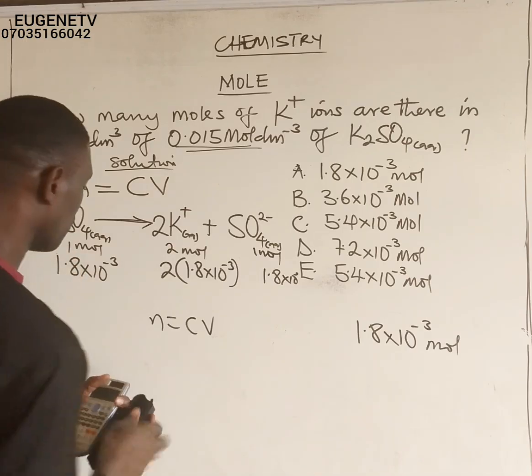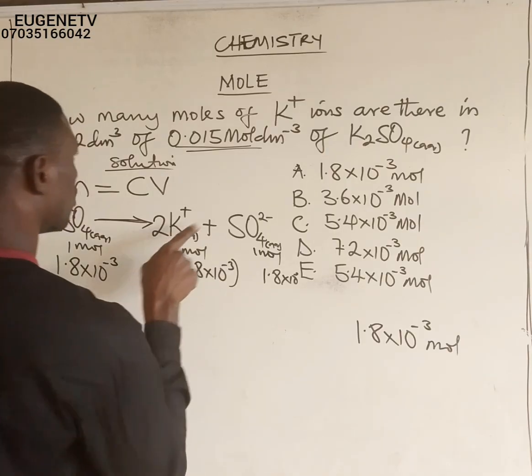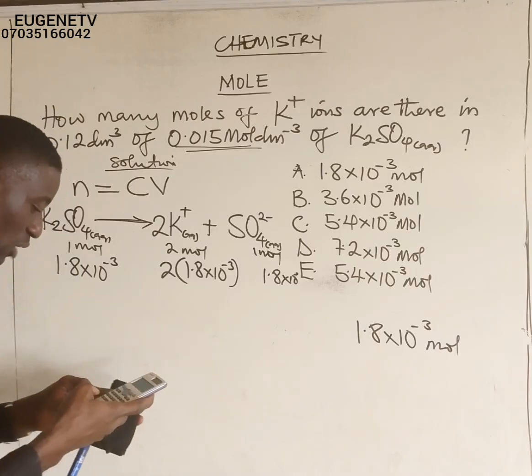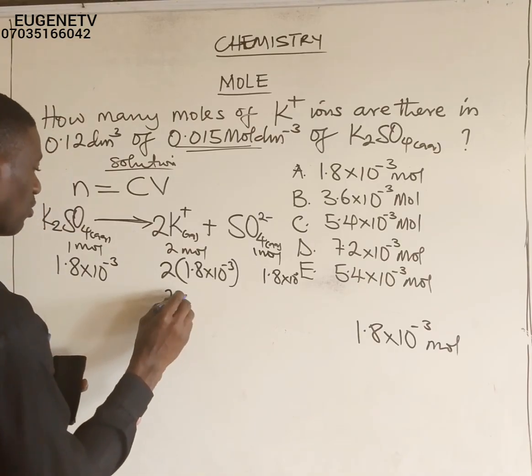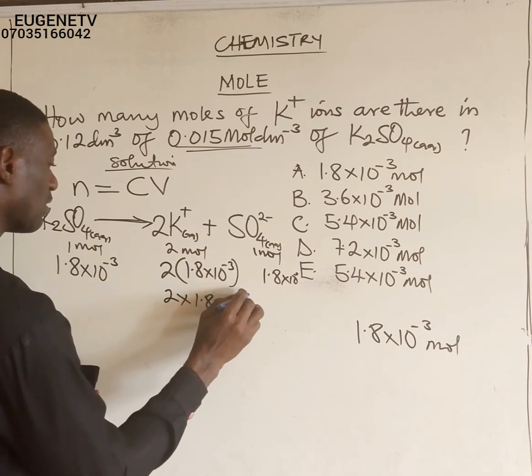Alright, so how then do we get the number of moles of potassium ion in this concentration or volume that we are given? We are going to multiply 2 by the number of moles we have gotten, 2 times 1.8 times 10 to the power minus 3.